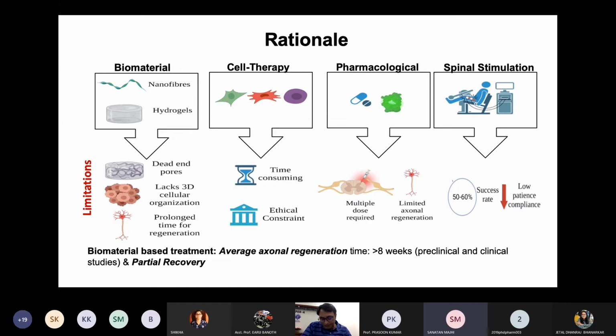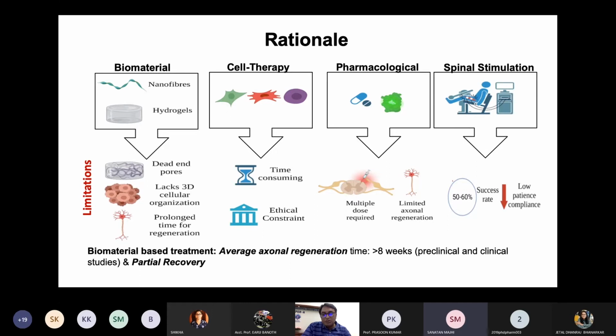So there are some other physiotherapy-like approaches available, where spinal stimulation was done by giving some electric current. It has shown some potential, but still it was not providing 100% success in the repair process, particularly in regeneration of the spinal cord.